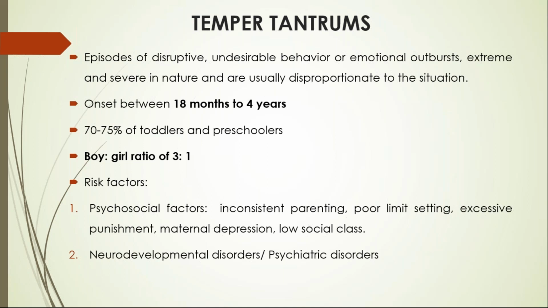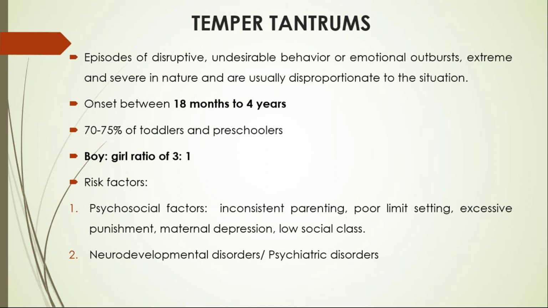And it usually occurs between 18 months to 4 years, in that same age group of terrible toddlers, those 18-month, 2-year-old children when they are very temperamental. So that is in the toddler or pre-school age group. This is also more common in boys.